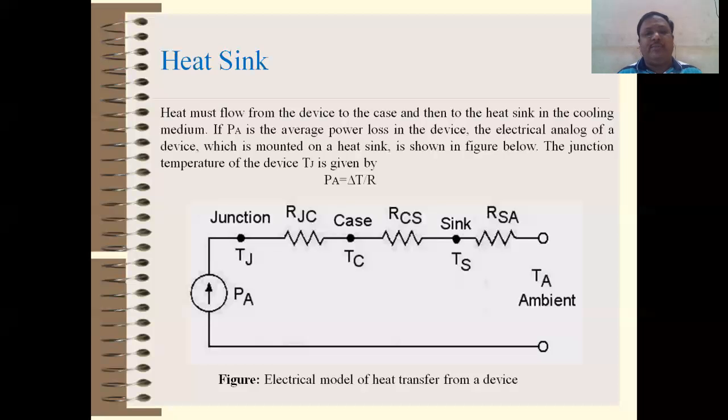That junction temperature is transferred to the case. Case means the body of that device, right? Whatever temperature is generated inside the device is transferred to the case.